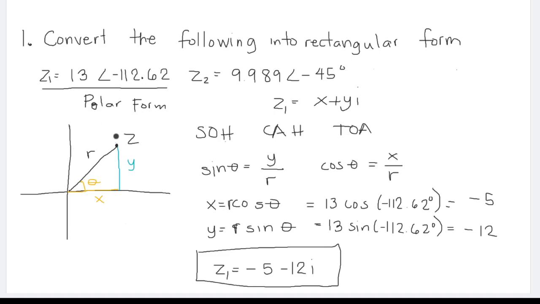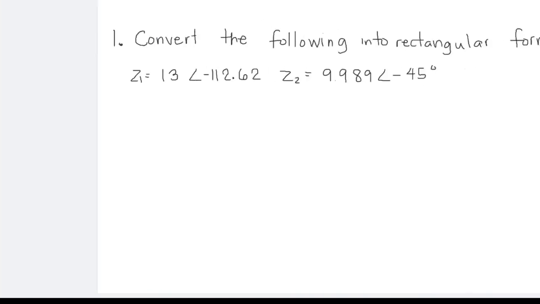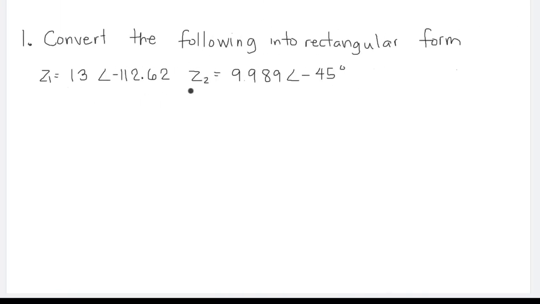So next natin is z2. So we have a formula. We can substitute the formula and we can get the value of z2. So we have already answered z1. For z2, we need to get the value of x and yi.